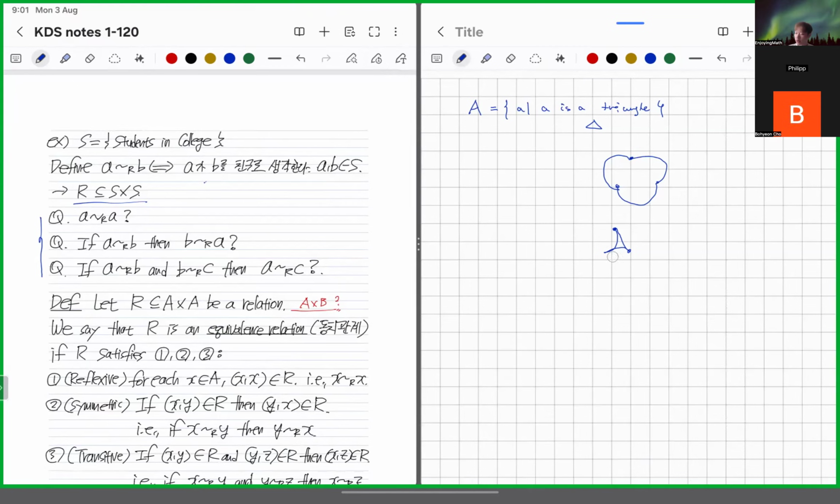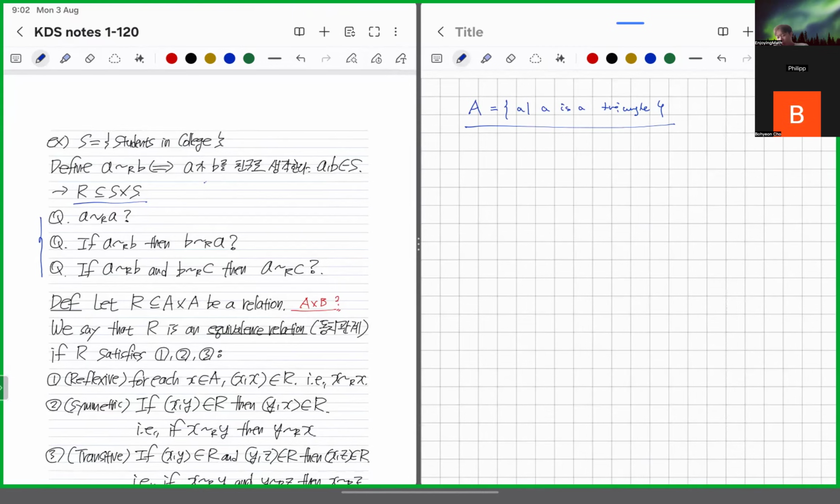Yeah, but we are already assuming that we have a proper triangle in this set A, and using this set A, we want to show that this relation holds.